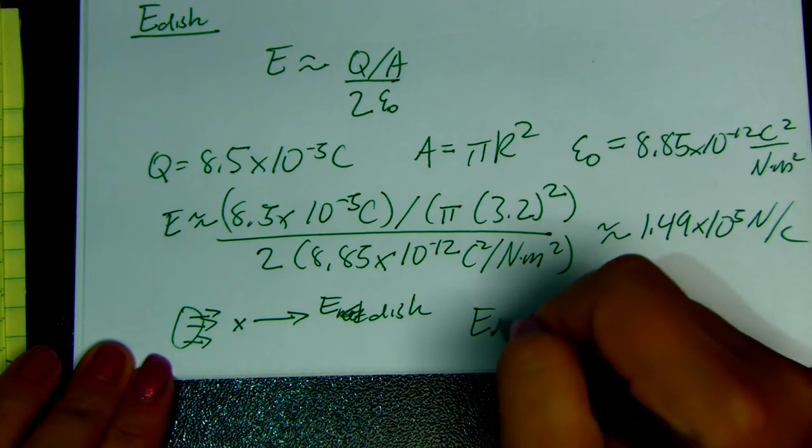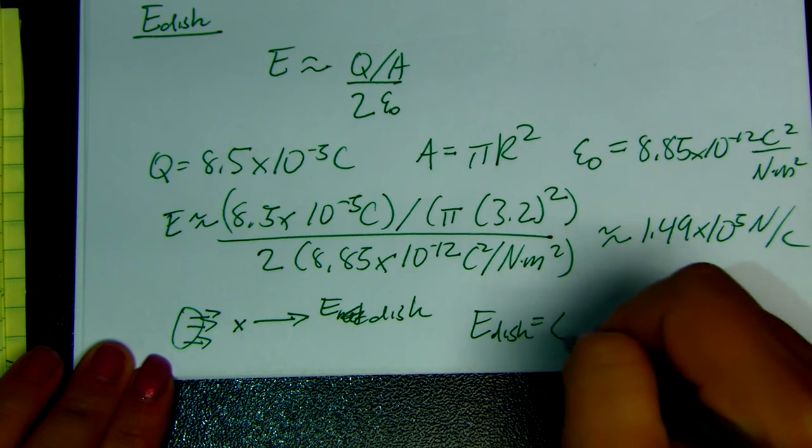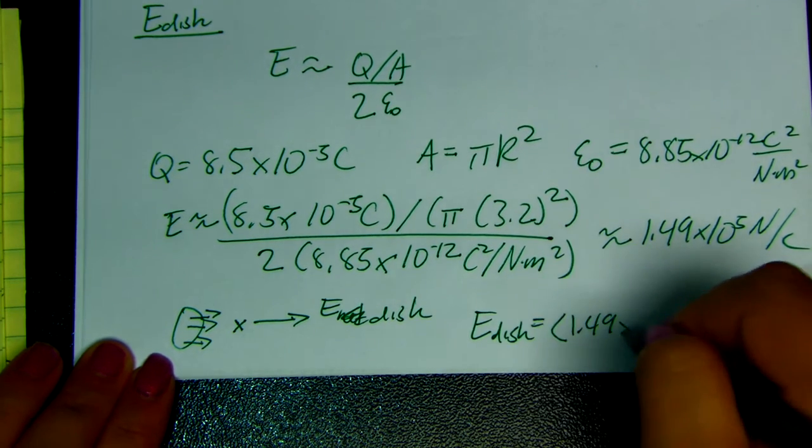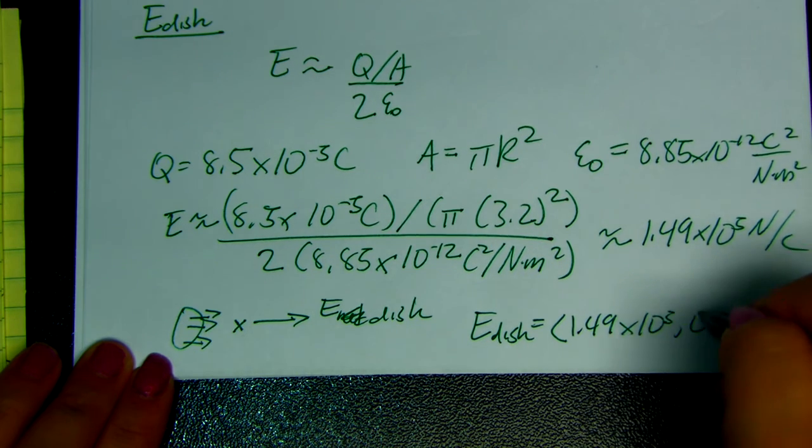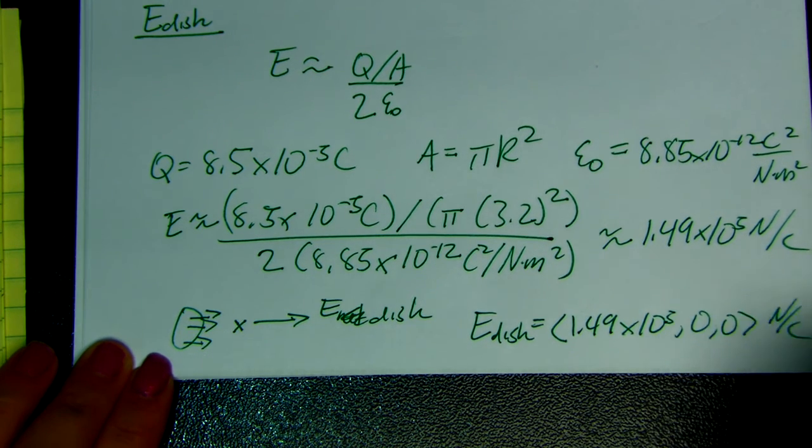So E disk is 1.49 times 10 to the 5th, 0, 0 newtons per coulomb.